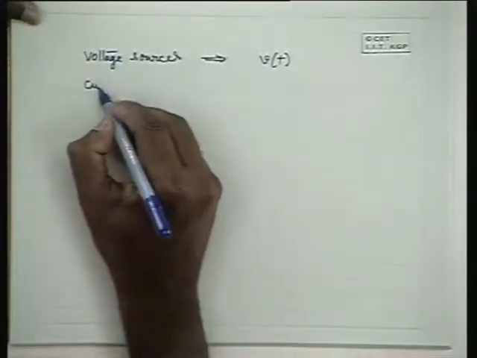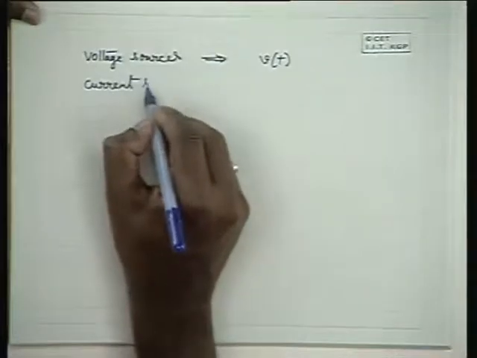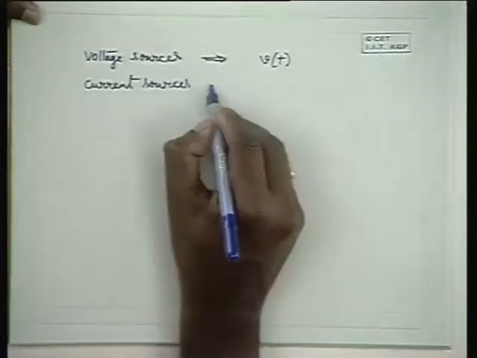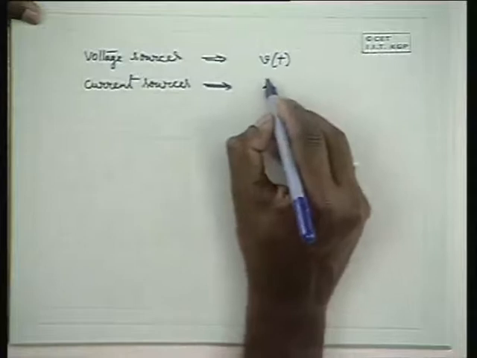Whereas current sources give you current as a function of time.